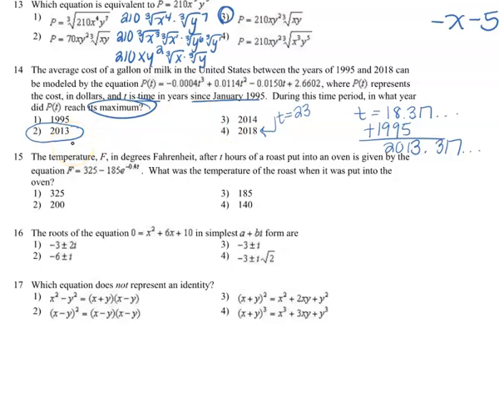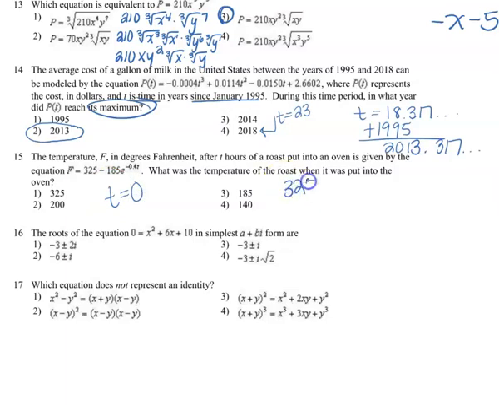All right, next, this question is asking about putting a roast in the oven. We have our little function f here for the temperature in degrees Fahrenheit. What was the temperature of the roast when it was first put into the oven? So when you put the roast in the oven, that means no time has passed yet. So I'm just plugging in t equals 0 to this function.